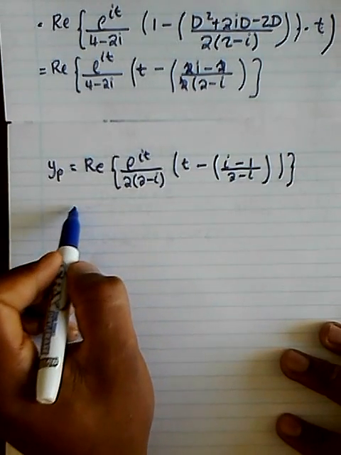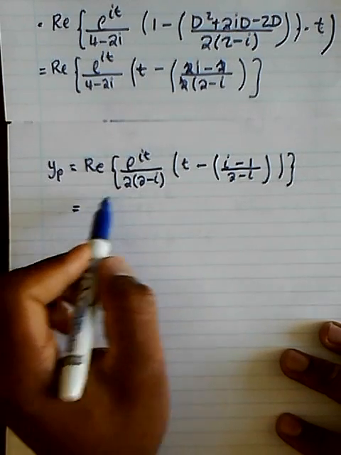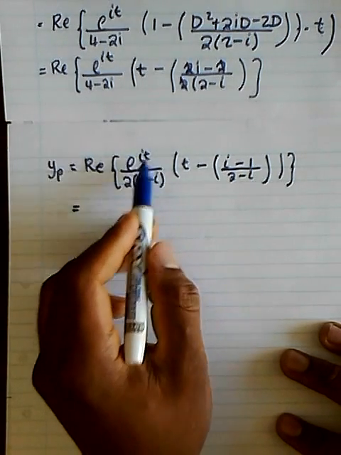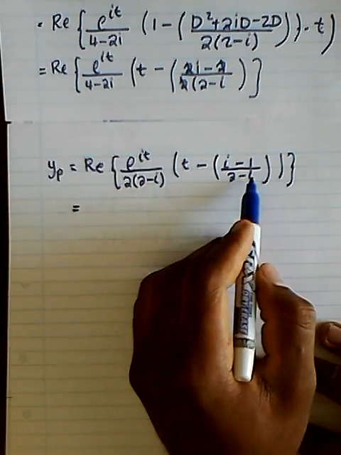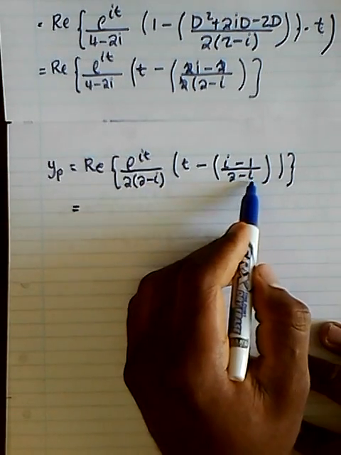And then let us take the conjugate of this 2 minus i, in this part and in this part.